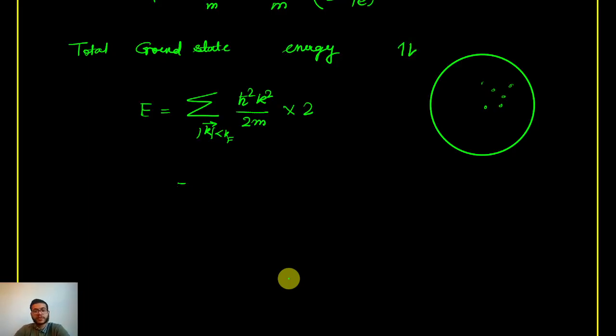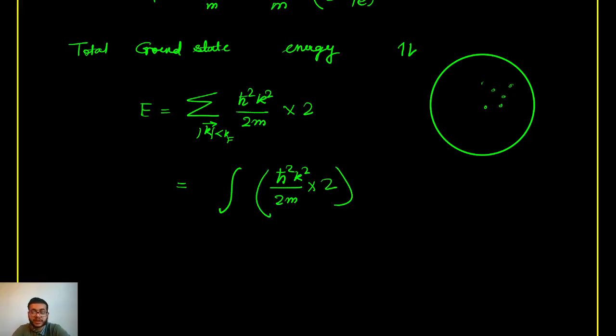Because we already assume that the k space is very closely packed, we will consider k to be a continuous variable, so we will change the sum into an integral. We will write it as h square k square by 2m into 2.